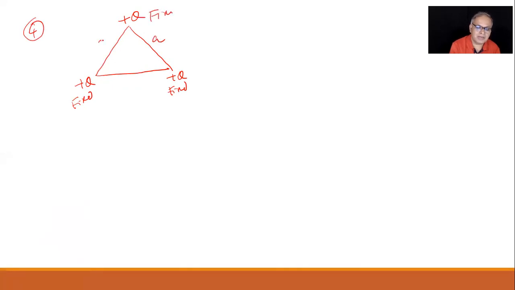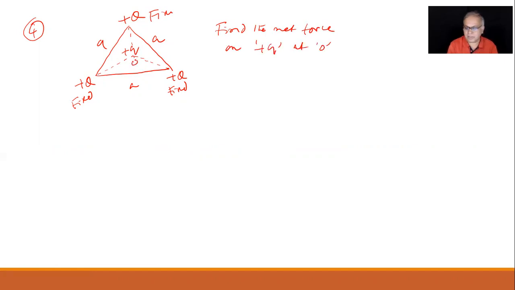This side is a, for example. So if I place a third charge at the center of the triangle, plus q, first find the net force on plus q at O, the center of the triangle. First do that, a simple question.